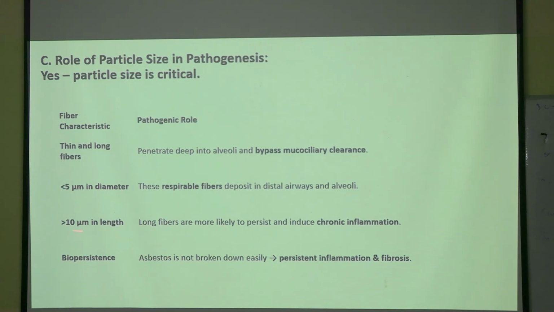Now, if you see the size whose diameter is more than 10 micrometers, in this particular case, there are more chances of development of inflammation, and inflammation also affects the lung passage. And other than this, asbestos is not broken down easily. This is another important factor, and it leads to persistent inflammation as well as the development of lung fibrosis.